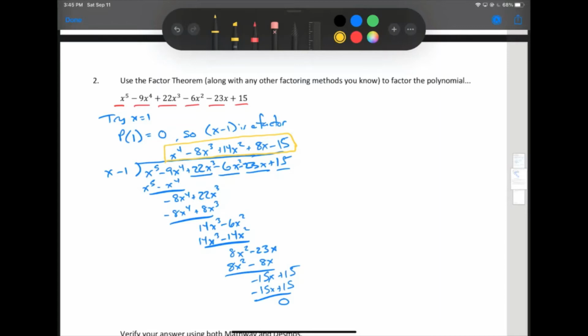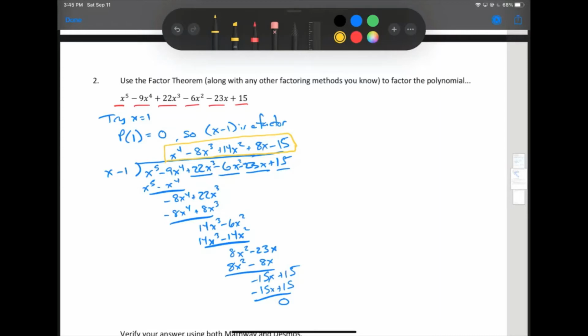Okay, so we have to look for something else that may possibly make that equal to 0. Just for the heck of it, I'm going to try 1 again. When I plug in 1 there, I'm going to get 1 minus 8 is negative 7, plus 14 is positive 7, 7 plus 8 is 15, and minus 15 is 0.